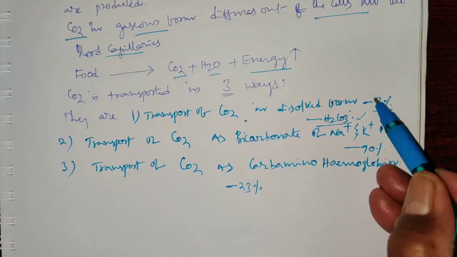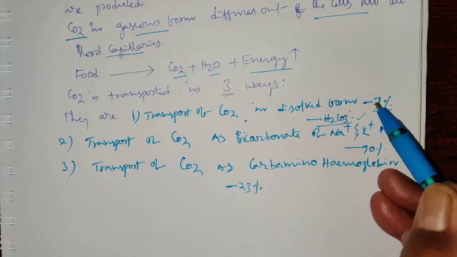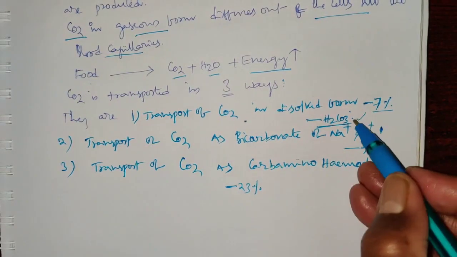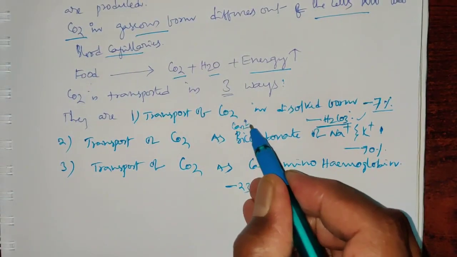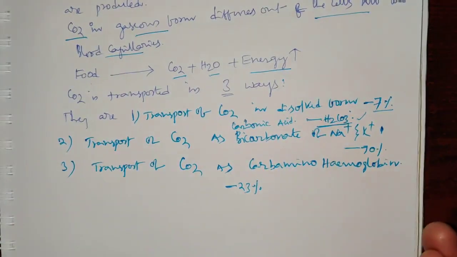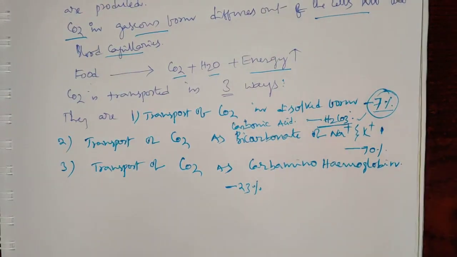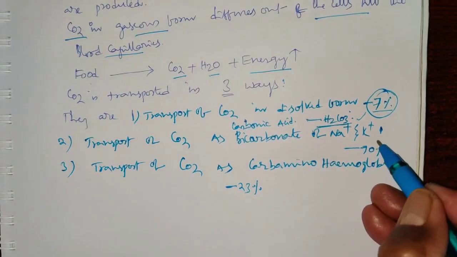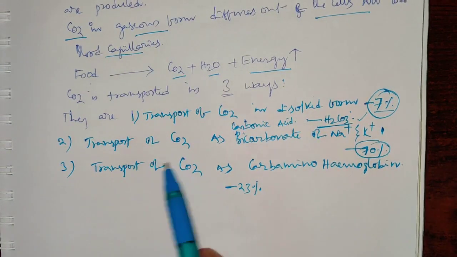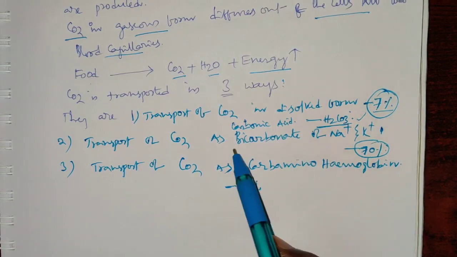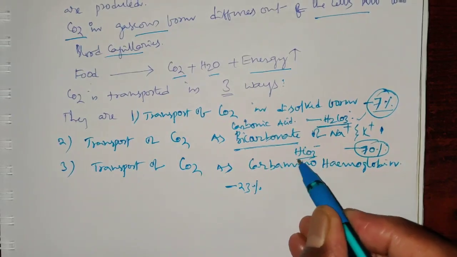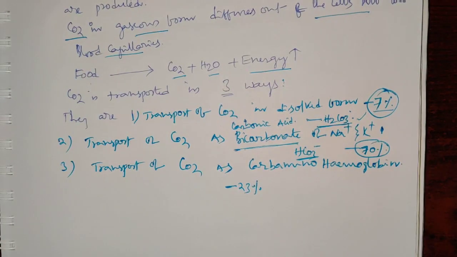So 7% of carbon dioxide is transported in the form of carbonic acid, and 70%, the largest amount of carbon dioxide, is transported as bicarbonate ions, HCO3 minus.